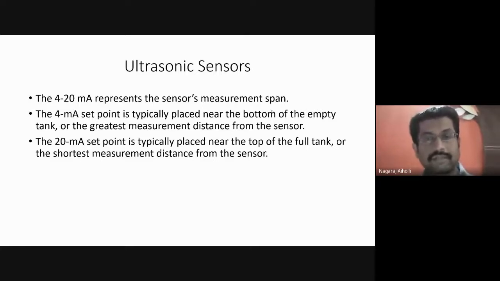The greatest measurement distance from the sensor corresponds to 4 milliampere, which is for the bottom of the tank. The 20 milliampere set point is typically placed near the top of the full tank, the shortest measurement distance from the sensor, the maximum height of the tank.